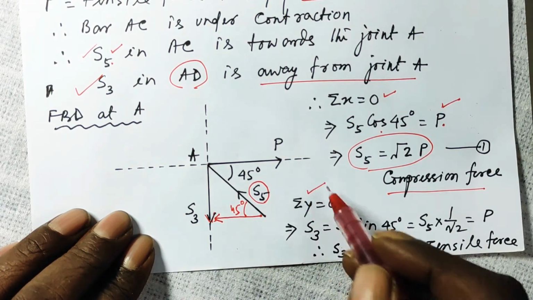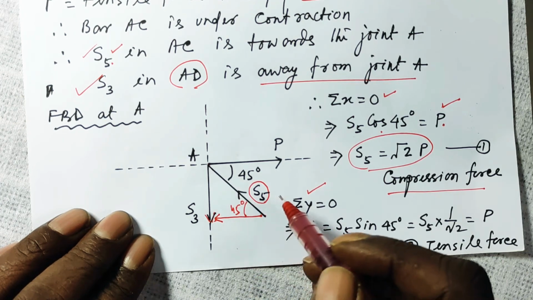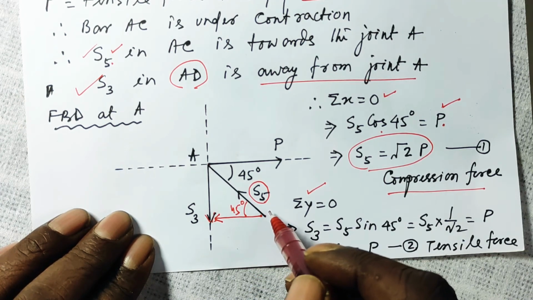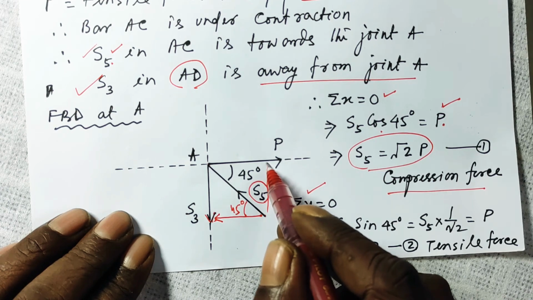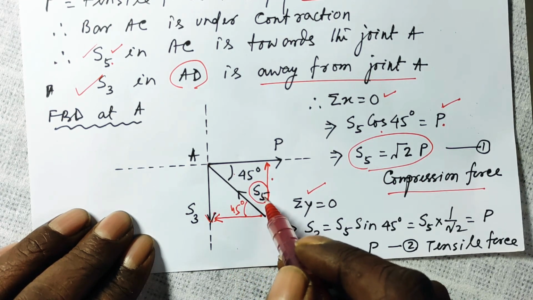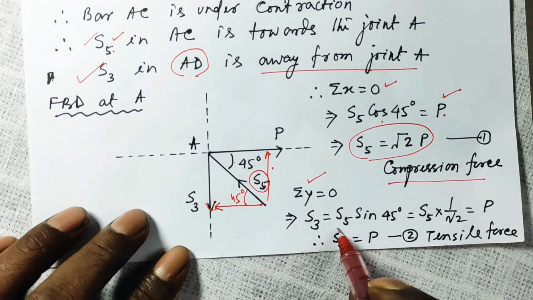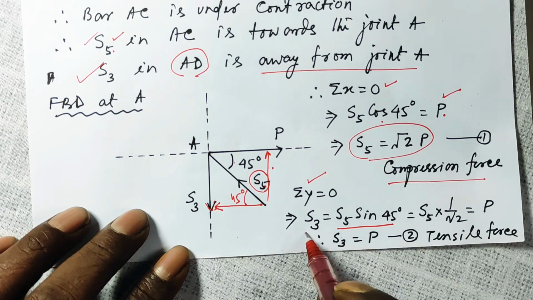Similarly, if you apply sigma y is equal to 0, now the component of S5 along the y-axis will be this one, from here to here. This one is in front of the angle, so it will be S5 times sine 45. S5 times sine 45 is your S3.